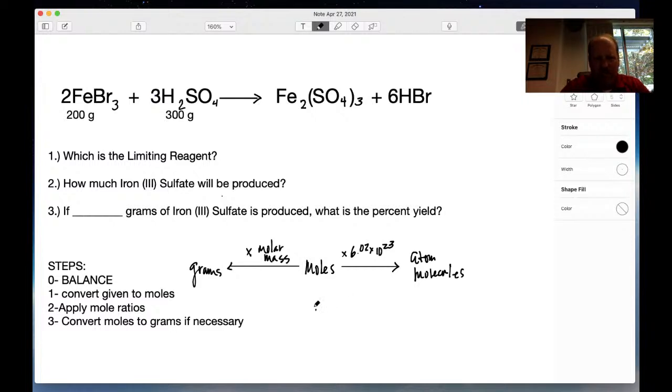Okay, so when you're leaving moles and going away from it, we're multiplying. When you're returning to it, we are dividing. So right here in this scenario, we're converting from grams to moles, and we're going to divide by molar mass.